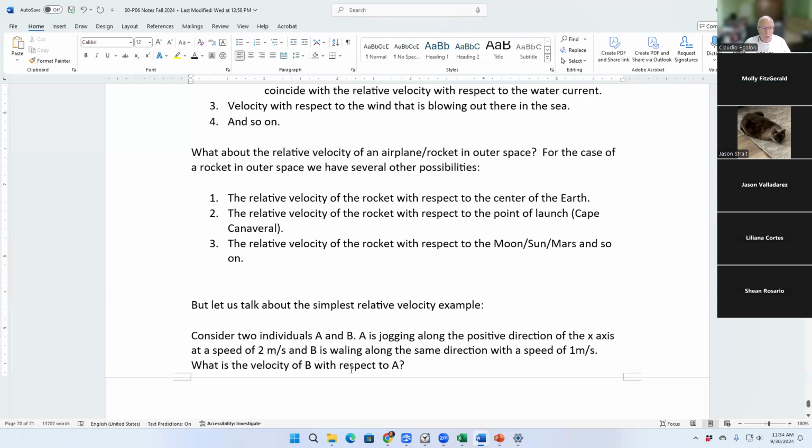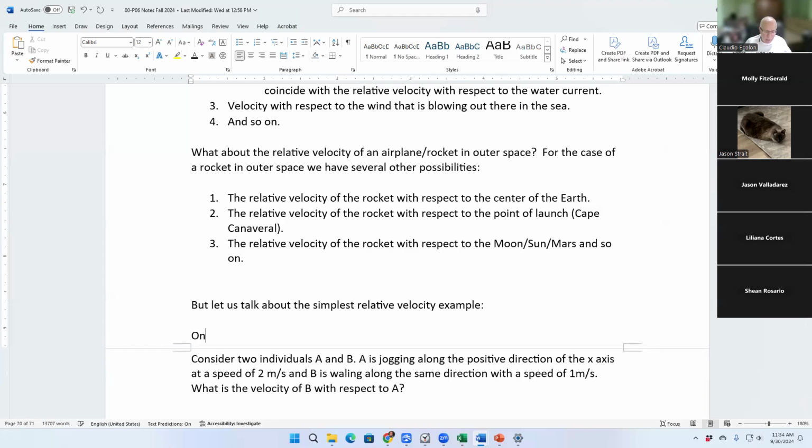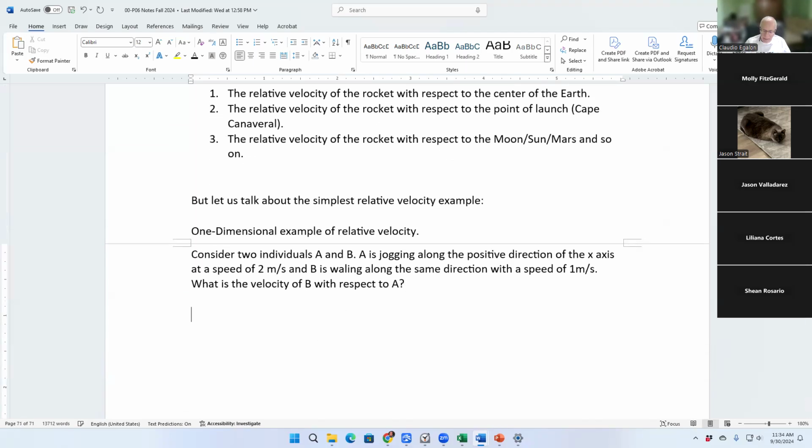So what is the velocity of B with respect to A? Remember, this is a one-dimensional example of relative velocity. So you can start having an idea about this concept.